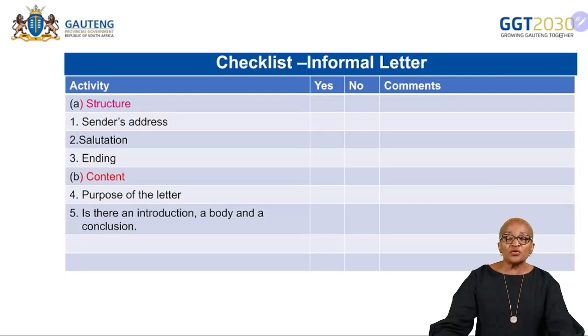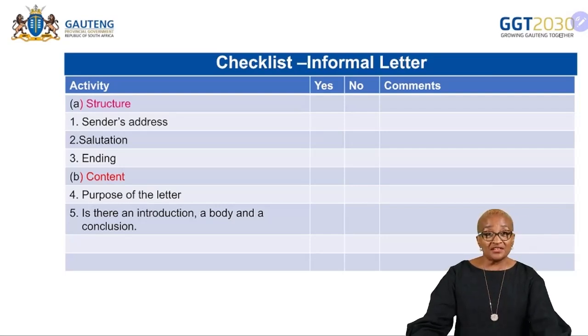You would check if you have written the sender's address. If the sender's address is there, then it's a tick for yes. If it is not there, then it's a tick for no. If for whatever reason the sender's address is there, but it is not correct, then you would have a tick for yes.